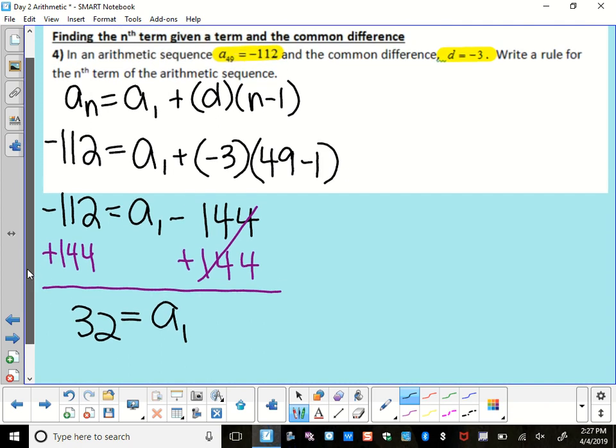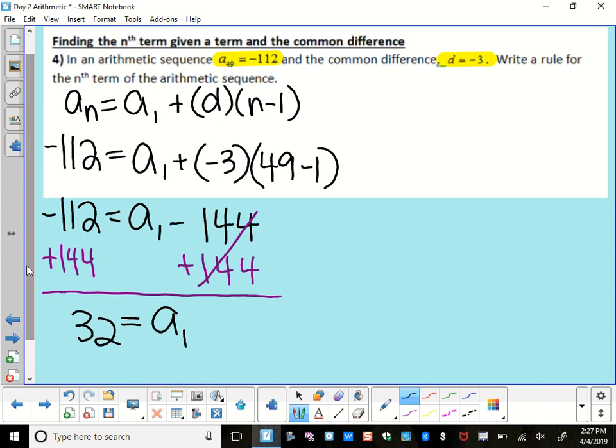Okay, so now that we have my first term, now I can make a rule. Kind of had to work backwards here, but it's okay. So to make my rule, what's my first term that we just solved for?